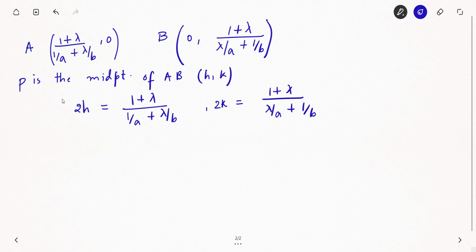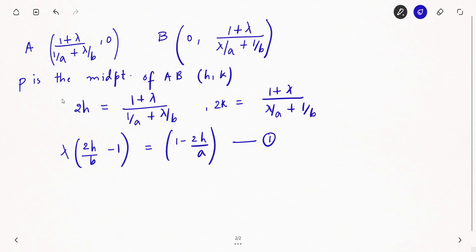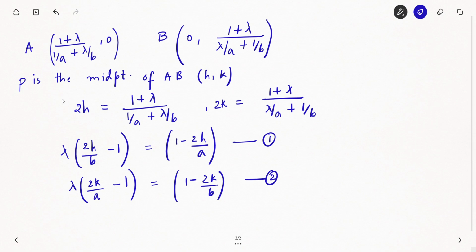Now from here I can write lambda times 2h by b minus 1 is equal to 1 minus 2h by a. This is equation number 1. And lambda times 2k by a minus 1 is equal to 1 minus 2k by b. This is equation number 2. I need to find a relationship between h and k.